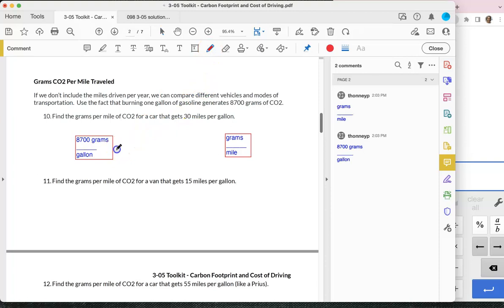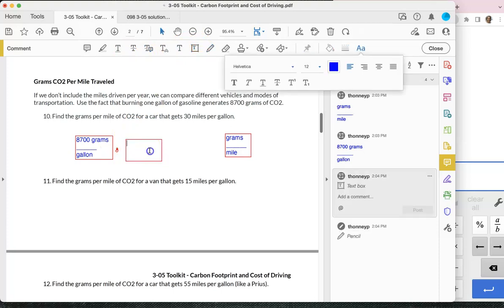times, I need another fraction. So my next fraction, if I put 30 miles per gallon, you see how that's not going to work because gallons are on bottom right here. So what I need to do is put gallon on top and 30 miles on bottom.